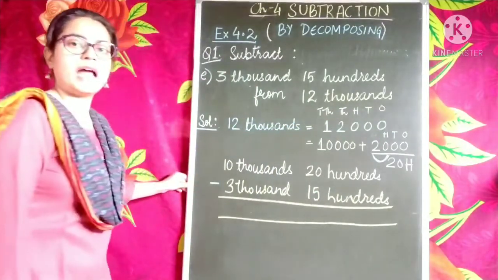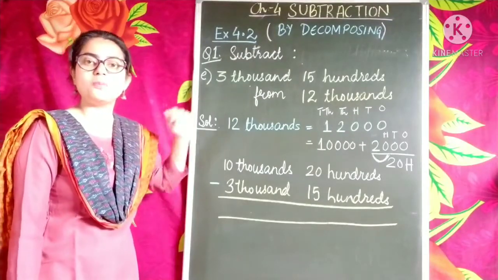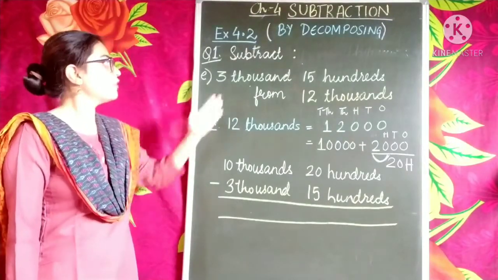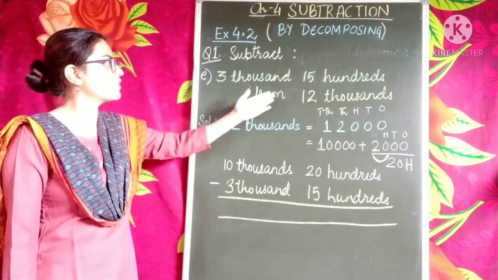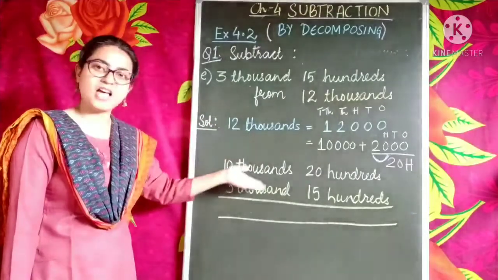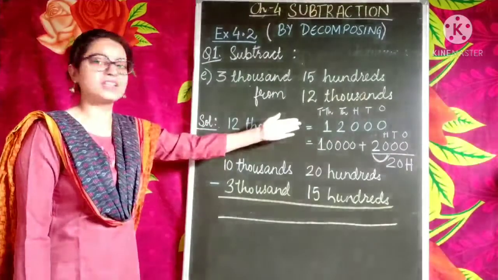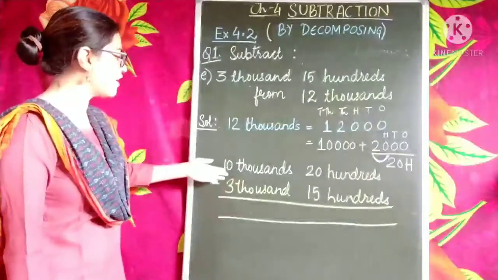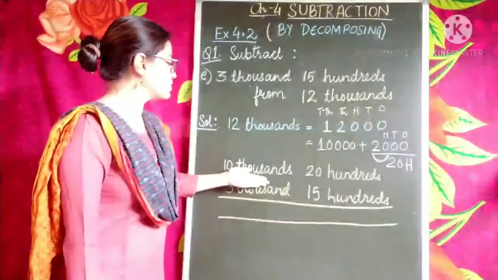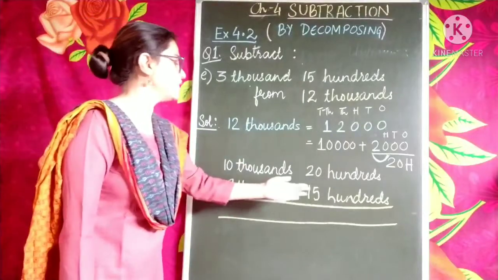Now you can see what was earlier appearing as a very complex problem. We only have here 3,000, 1,500 with 12,000. How will the subtraction happen? This is how it will happen. By the magic of decomposing the minuend. So we have here 10,000s, 20 hundreds minus 3,000s, 1,500s.